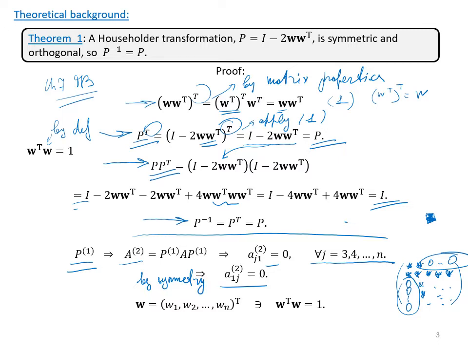So now choose vector W. W1 through Wn are just components. We choose this vector such that the product of the transposed vector W multiplied by the original vector W equals 1.